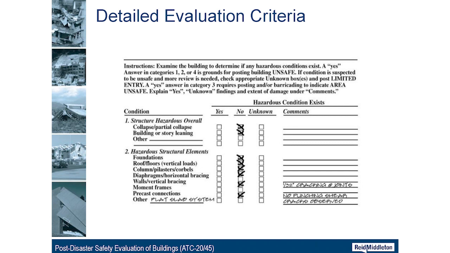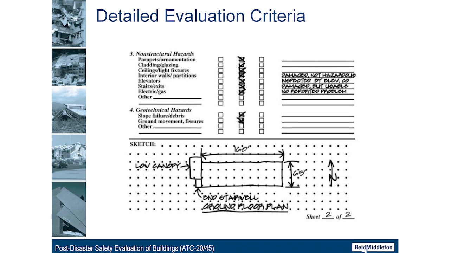You understand it's a moment frame building, so you could put unknown, wasn't readily accessible, things of that nature. Then they have room for commentary on each checklist item. For the moment frames example, they write 1/32 inch cracking at joints. Not big cracks, but they measured it, identified it. No punching shear cracks were observed in the flat slab system. So that's our structural checklist.